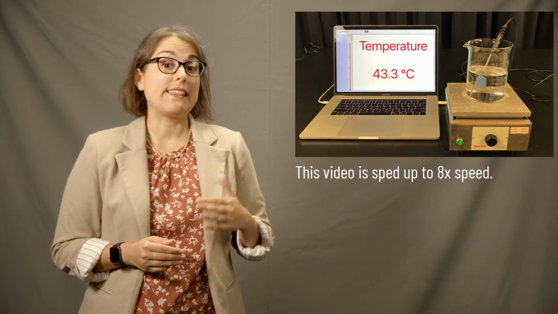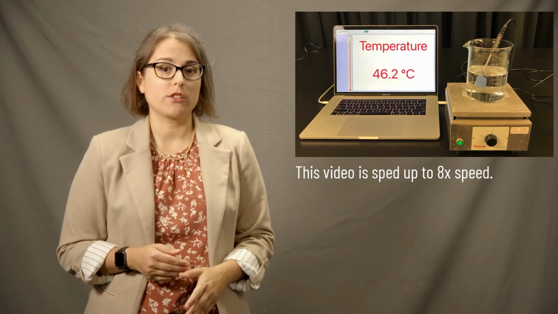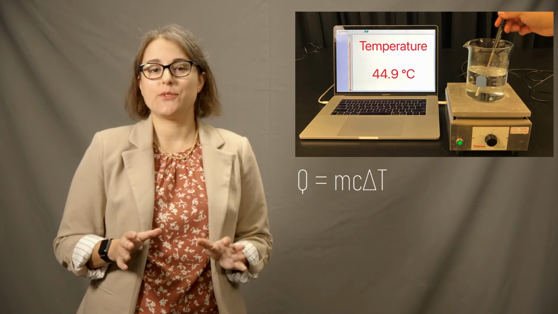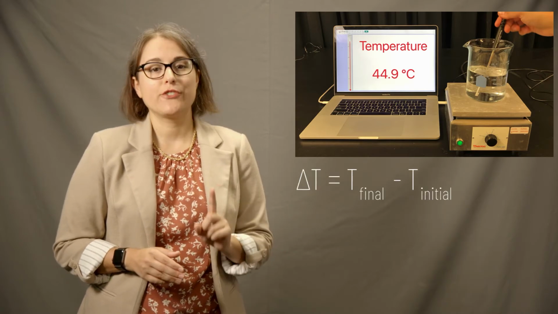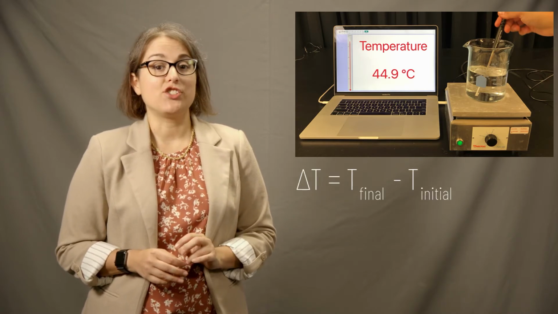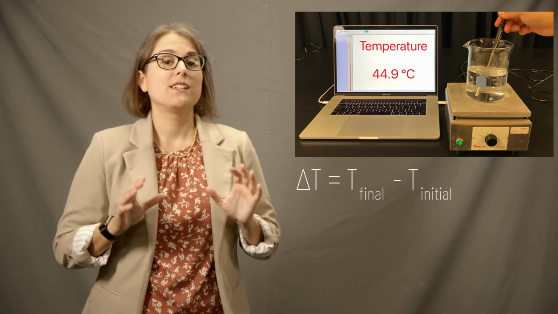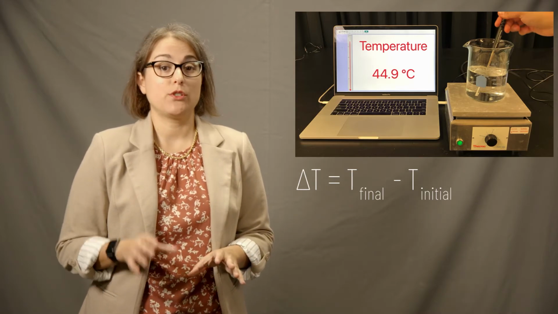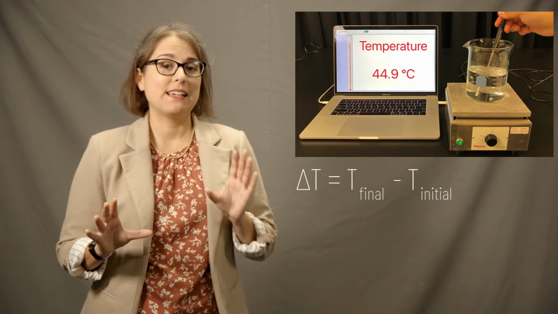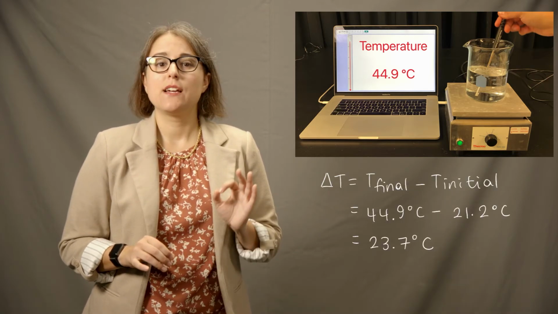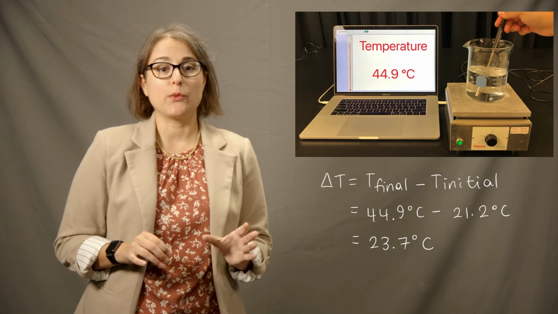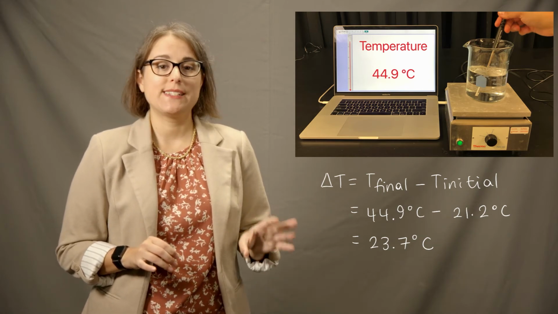We can calculate the amount of heat that enters the water due to the hot plate by using Q equals mc delta T. First, let's calculate the change in temperature. Change is always equal to final minus initial. 44.9 minus 21.2 equals 23.7 degrees Celsius.